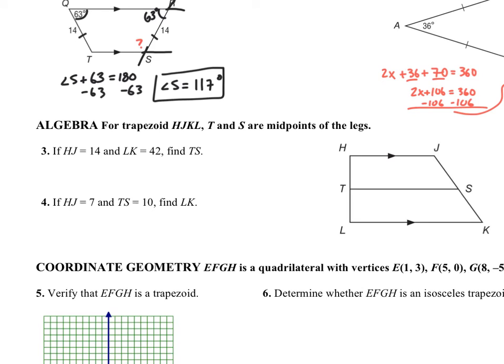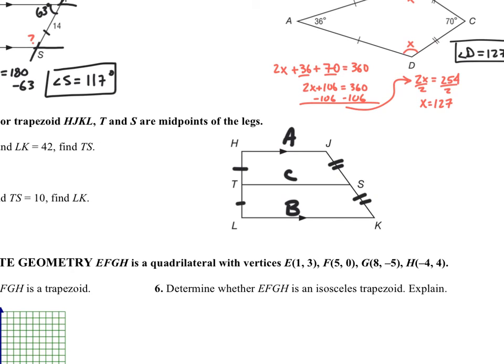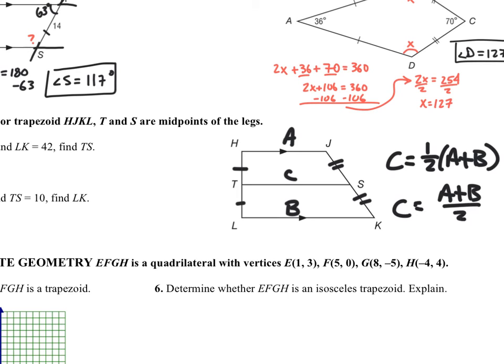So what that does is that cuts this figure like that. And it follows the mid-segment formula. So I'm going to call this A, B, and mid-segment C. Okay, and remember our formula for the mid-segment is that C is equal to 1/2 times A plus B, or we could say that C is equal to A plus B all divided by 2, okay?